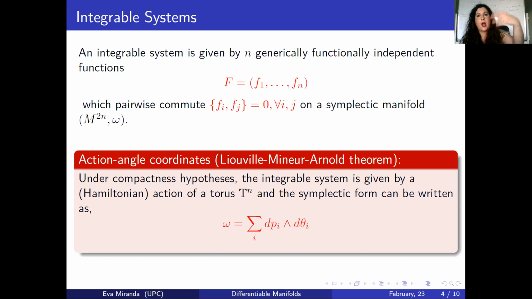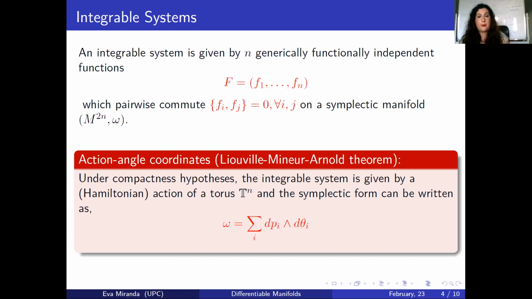If I have another symplectic form, I can always find these coordinates in the neighborhood of a torus because they are semi-local, okay? This works in the neighborhood of a torus, okay? I can find action and angle coordinates such that omega can be written in this way.